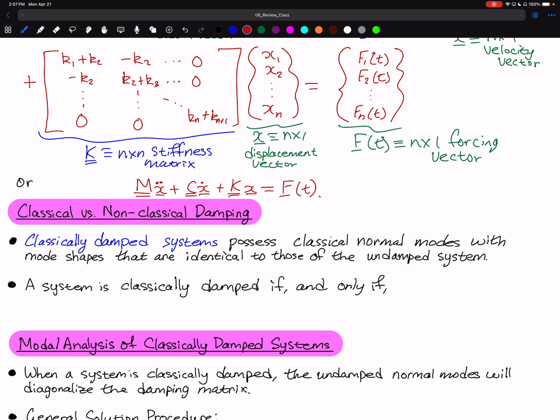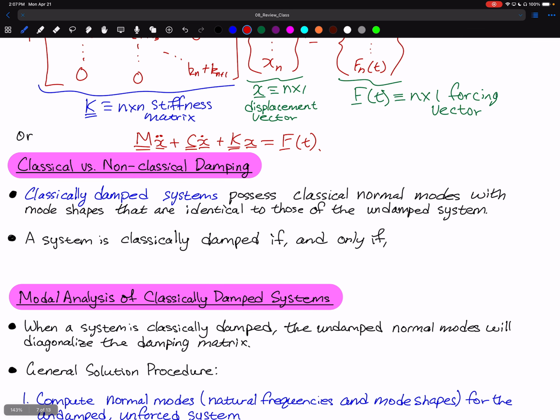The way to determine whether a system is classically damped is to check the following: M inverse K times M inverse C must be equal to M inverse C times M inverse K. The system is classically damped if and only if this is true.